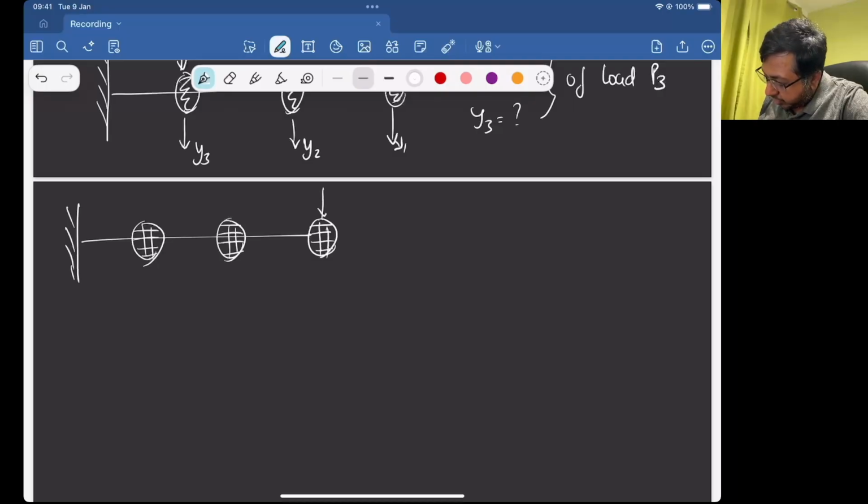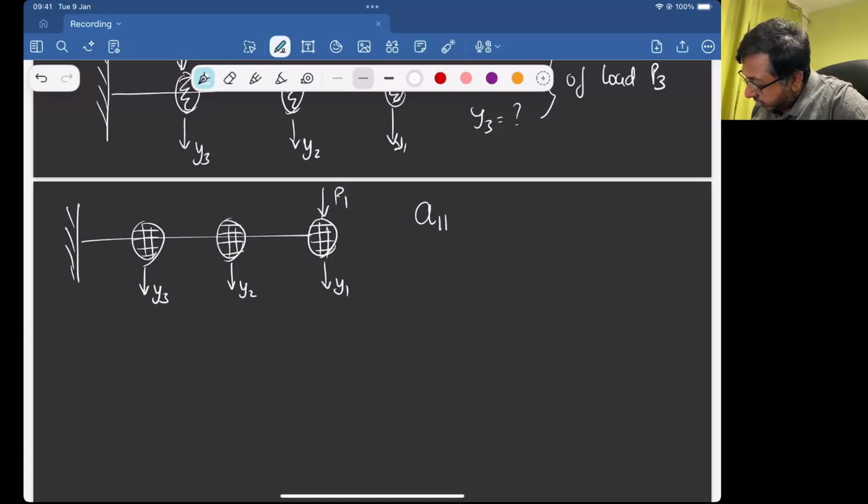So we have applied a load P1 and we want to determine Y1, Y2, Y3, right? So our flexibility coefficient A11 is nothing but Y1 over P1. Similarly, our flexibility coefficient A21 is Y2 over P1 and A31 is nothing but Y3 over P1.